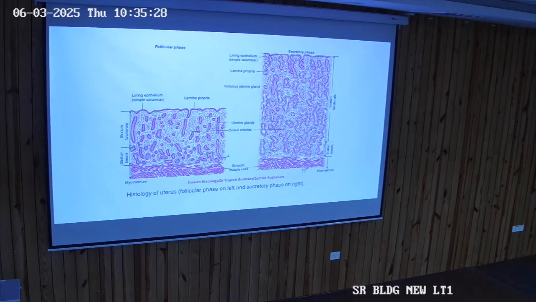So you can easily visualize the simple tubular glands which are folding of the epithelium. They are simple glands. While in the secretory phase, they are all coiled tubular glands which are going deeper towards the stratum spongiosum. As well as there is an increase in the size and number of spiral arteries in the secretory phase.